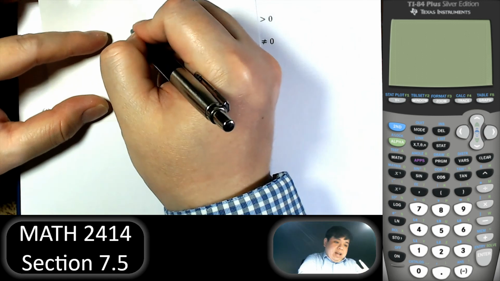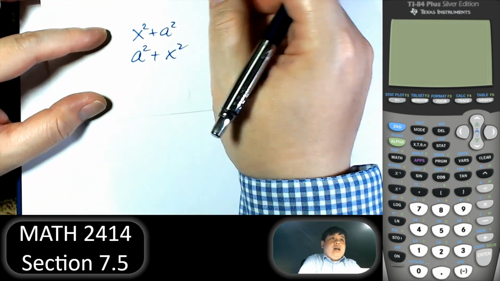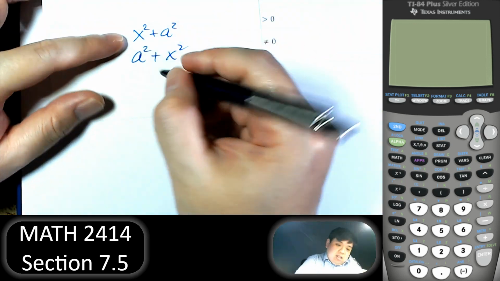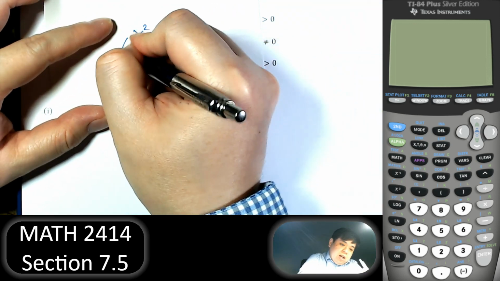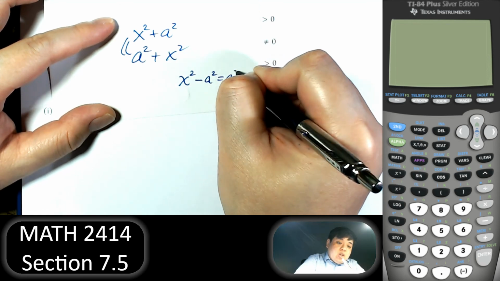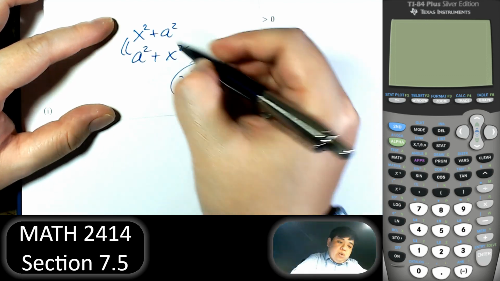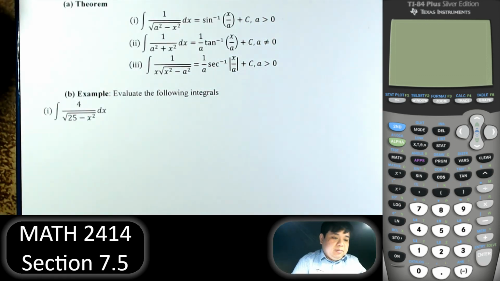Of course, x squared plus a squared and a squared plus x squared are the same thing. But x squared minus a squared is different than a squared minus x squared. So we have three scenarios: 1, 2, and then 3.